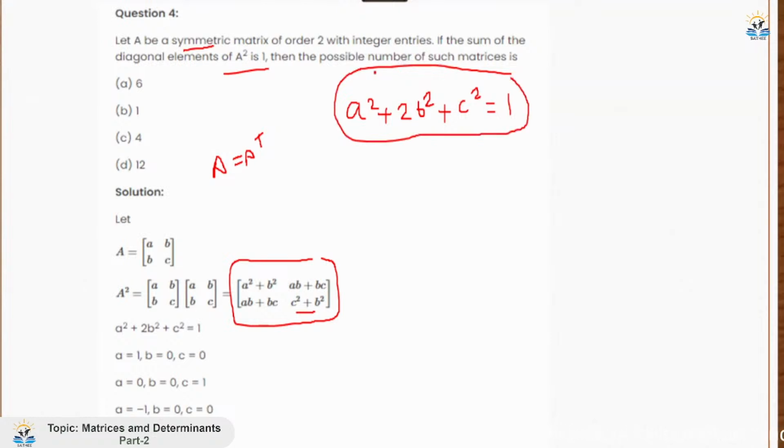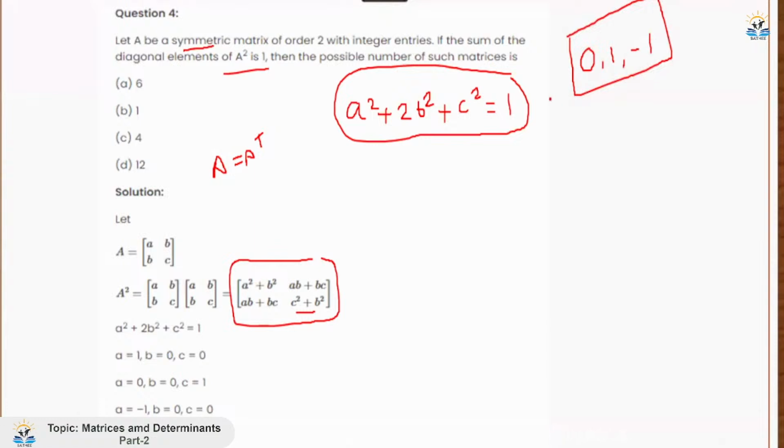And since the entries are only integers, you can either fill 0, 1 or minus 1, because anything else will make it bigger than 1 because you are squaring. If you take 2 or minus 2, it goes to 4, and then you can't make it 1. So basically you have only 3 entries, 0, 1 and minus 1. Otherwise you will not get 1.